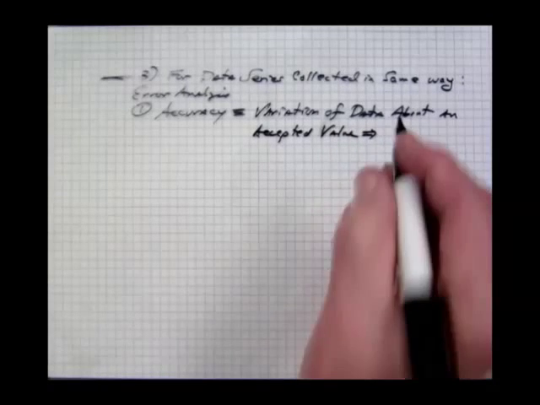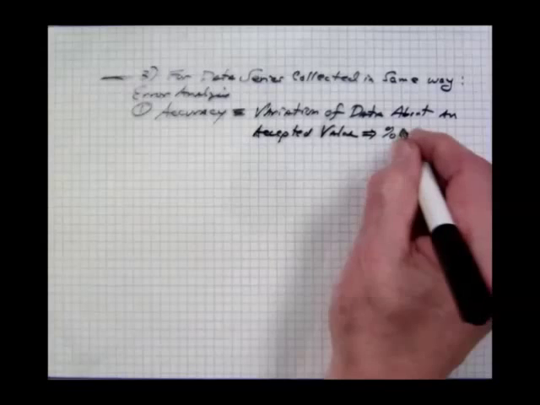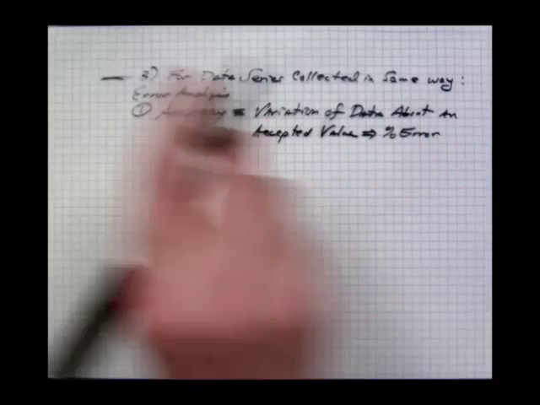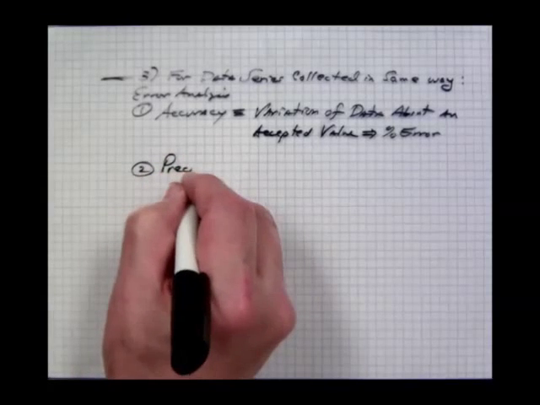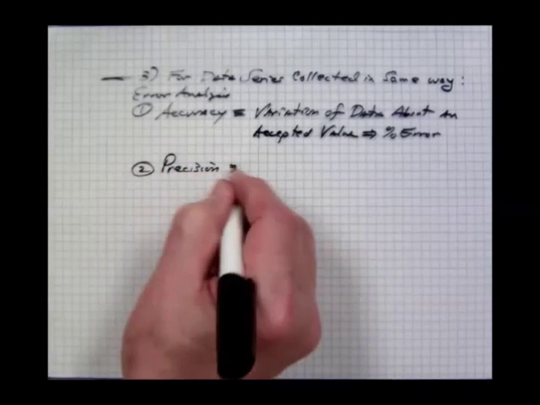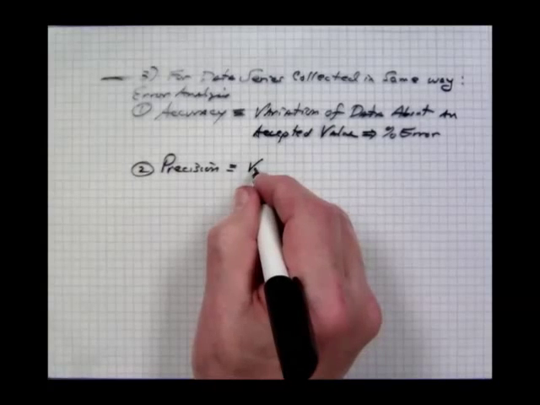And it is typically given as a percent error. Okay. Precision, by definition, is the variation about an average.